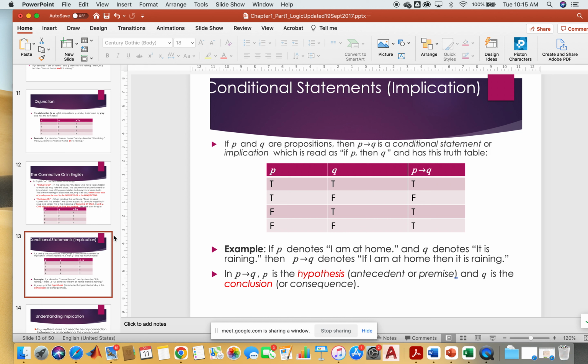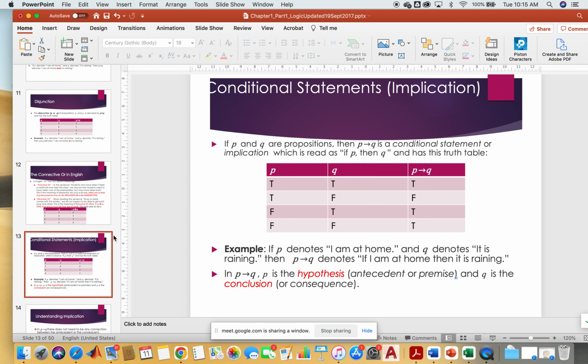There is no connection, so it is not necessary for an implication to have a connection. The meaning of P arrow Q depends only on the truth values of P and Q, the truth table just now.